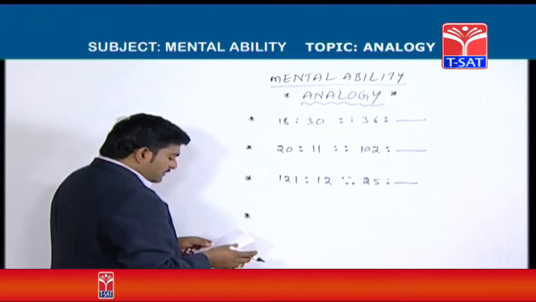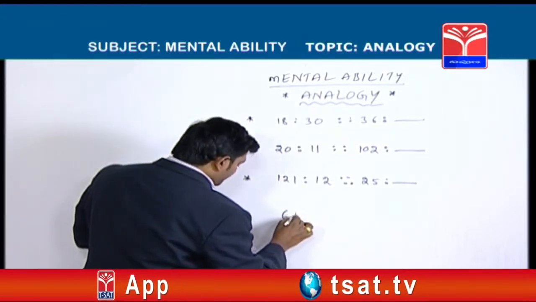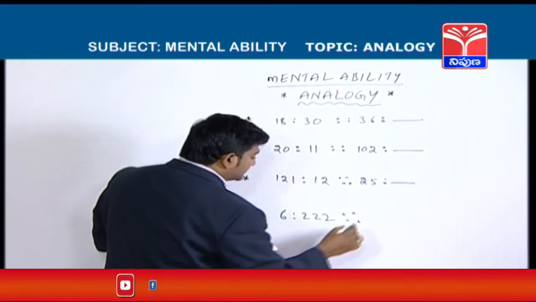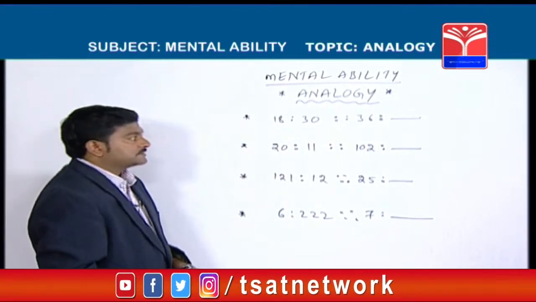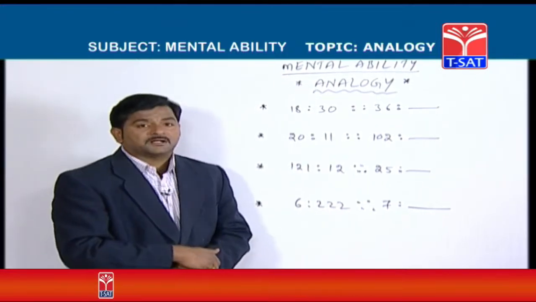Okay, so now one more example. This next example is 6:222 is as 7:. So these are some of the models in analogy part, number analogy concept.